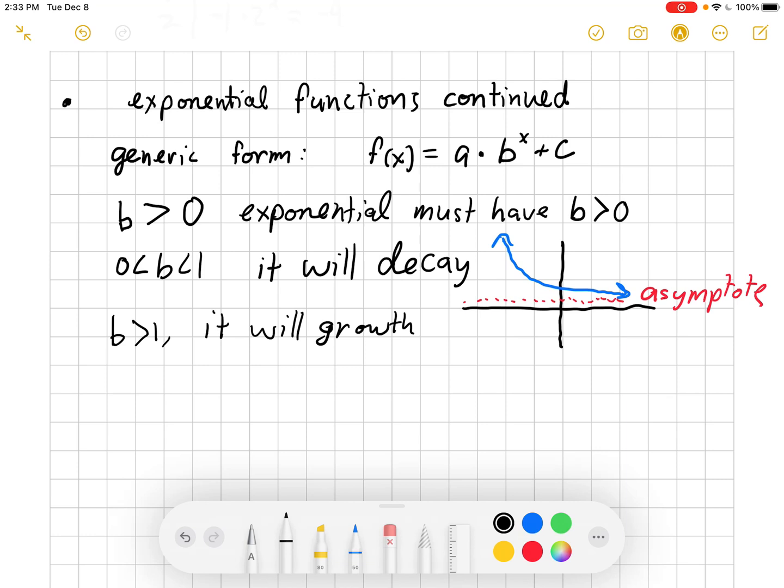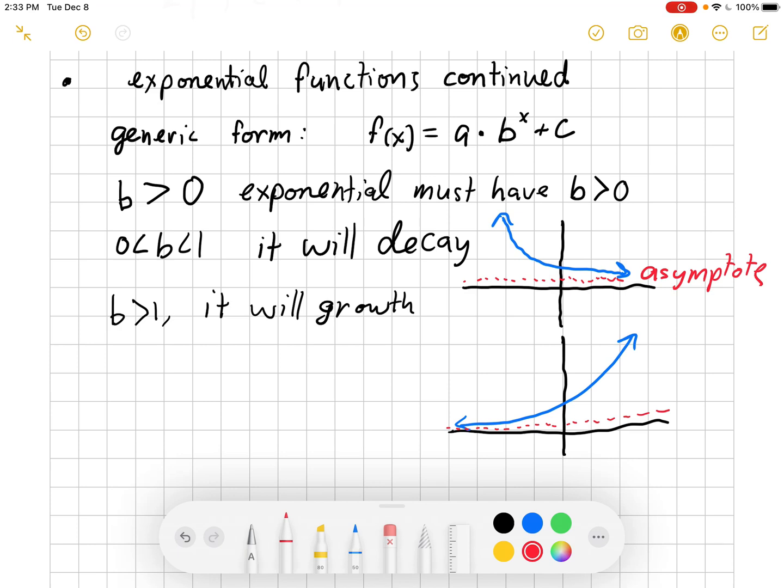And you'll remember that a growth pattern will look something like this. We put in our axes. We'll have the function start small, and it'll get bigger over time. Once again, there's going to be an asymptote that it will not cross. Okay?